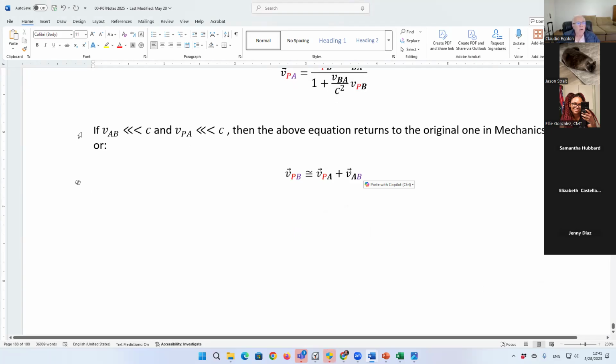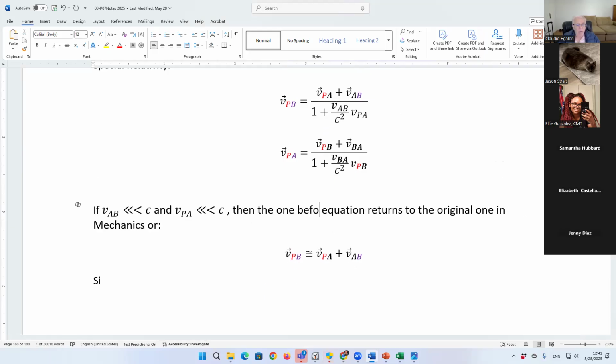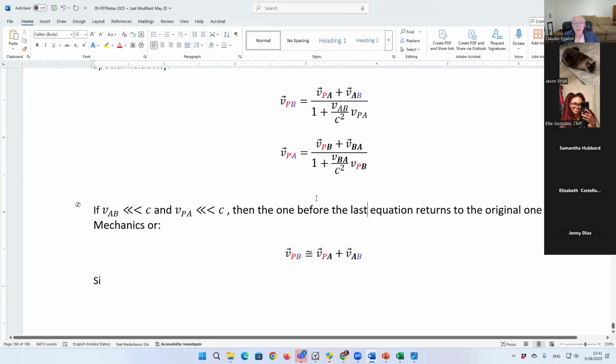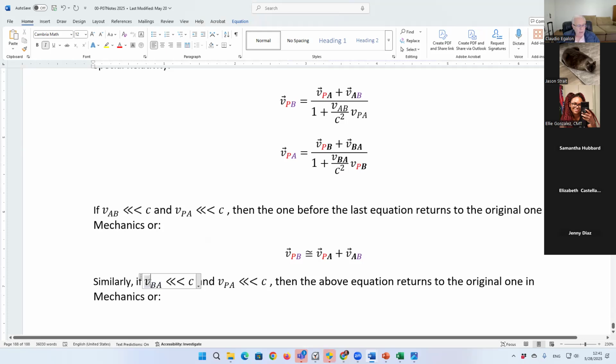Similarly, the one before the last equation returns to the original one in mechanics if VBA is small compared to the speed of light, and V of P with respect to B is much less than c.